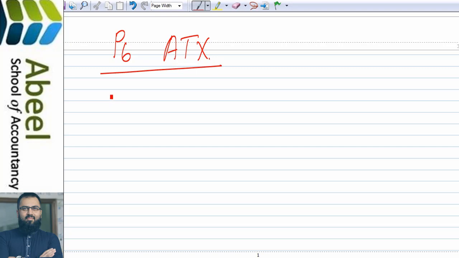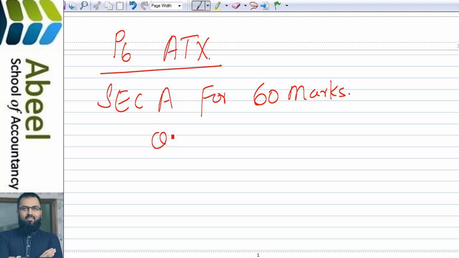Let us first discuss the paper pattern. We have section A for 60 marks: question 1 is 35 marks, and question 2 is 25 marks.